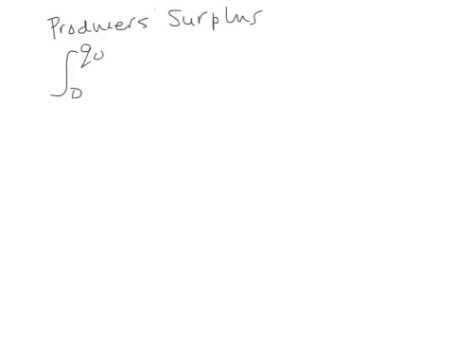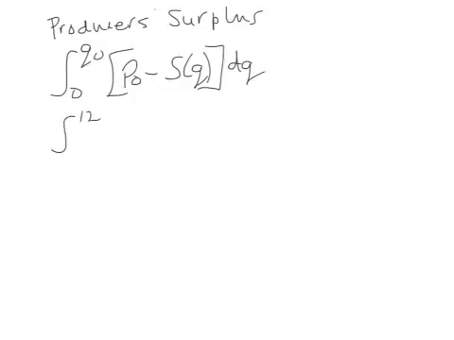The last thing we need to do here is find the producer surplus, and again we're going to be looking at integration. So we're going to be integrating, again from the equilibrium quantity to 0, of the equilibrium price minus the supply function, and dq just means we're going to integrate with respect to q, going from 12 to 0.